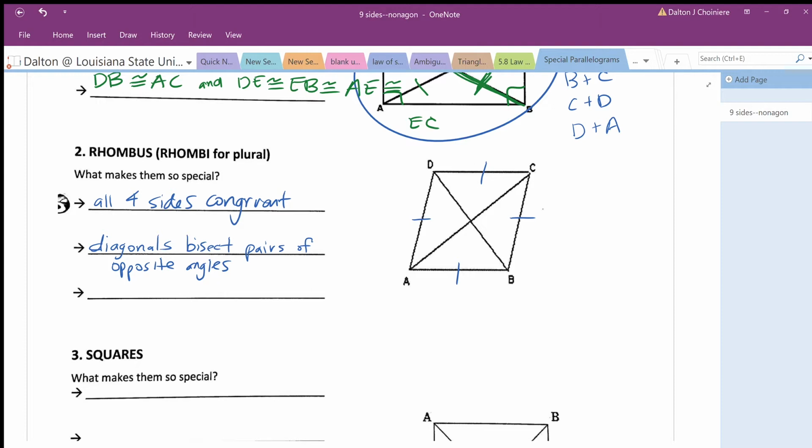Yeah, C and A. If angles are opposite of each other, that means you can draw an arrow from one completely across to the other. So A and C are considered opposite of each other, and D and B are considered opposite of each other. So when it's saying diagonals bisect the pairs of opposite angles, that means angle A and angle C are cut in half by the diagonal.